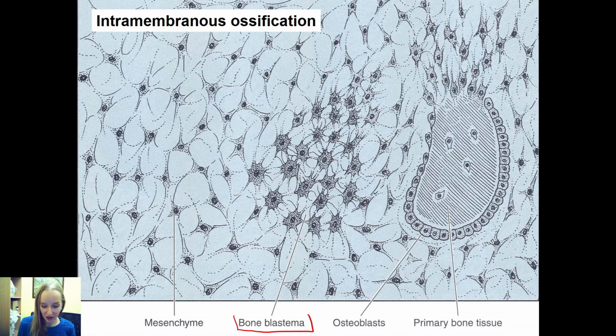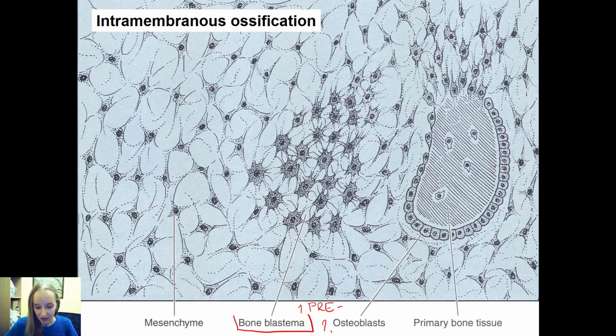So star-shaped mesenchymal cells, then we have blastema, then one step in between, pre-osteoblast, then osteoblast, then they form this primary bone tissue, so no osteons, no arrangement or anything else. Some of these osteoblasts then turn into osteocytes that are embedded in the tissue. These osteoblasts arrange themselves in this epithelioid rim on the surface.